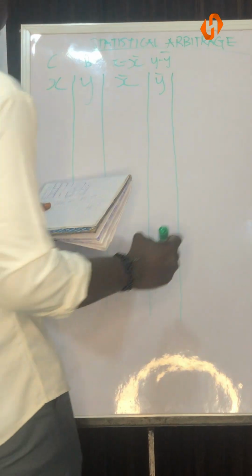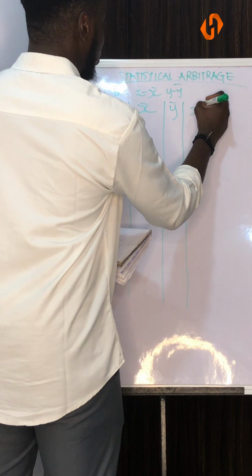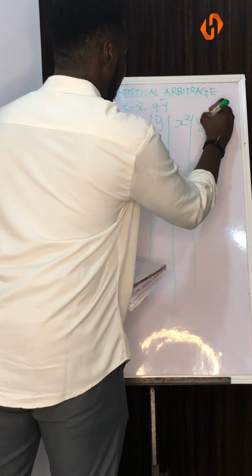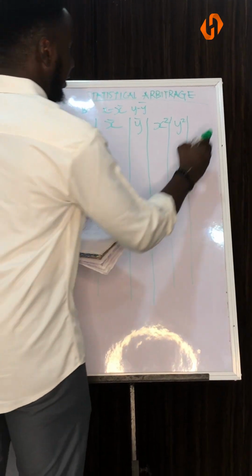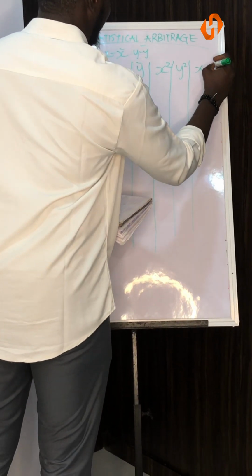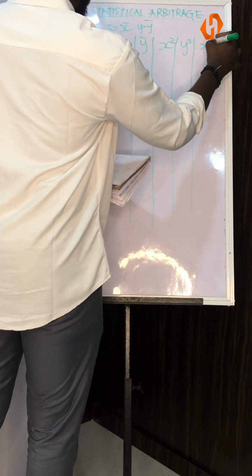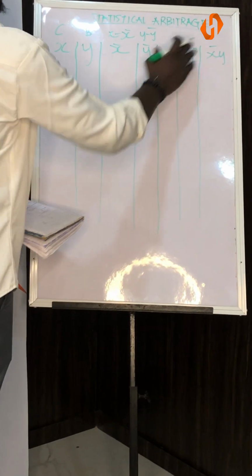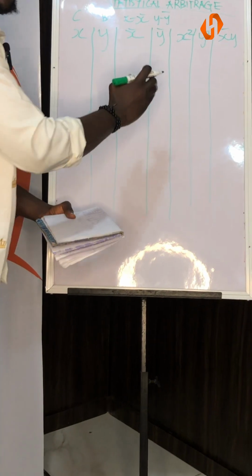Then we'll write X square, the Y square, and the XY, the summation XY, which is the product of X minus mean X and Y minus mean Y.